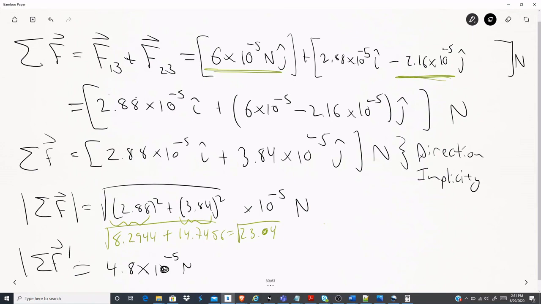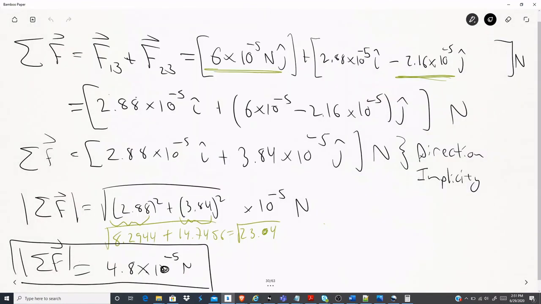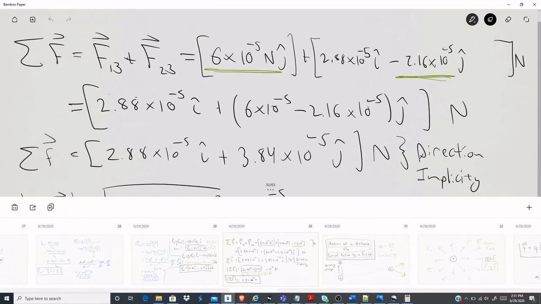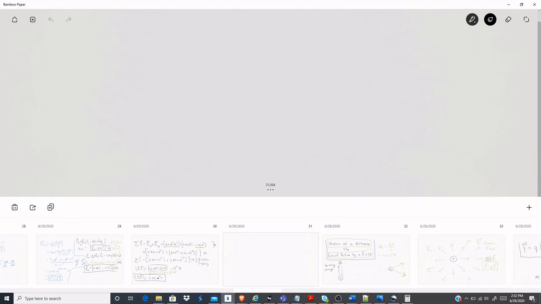Now let's go ahead and get the direction as an angle. By the way, this is part of the final answer. Now I need to get the direction. To get the direction of the net force, I'm going to draw my coordinates.